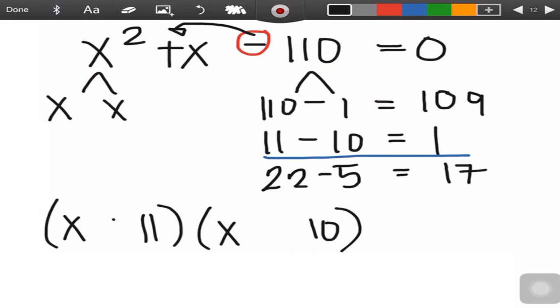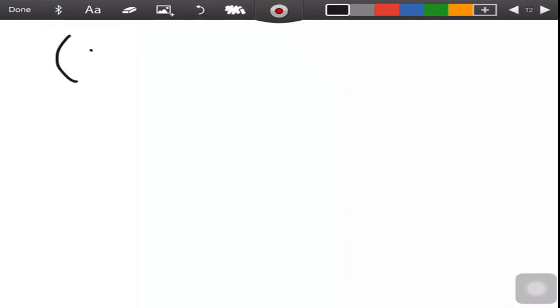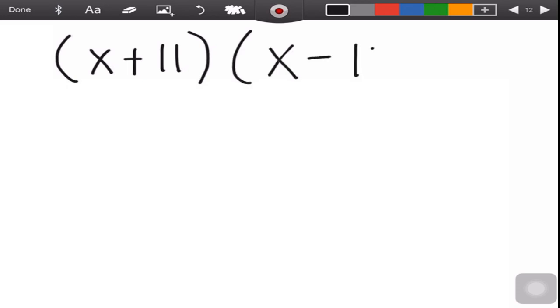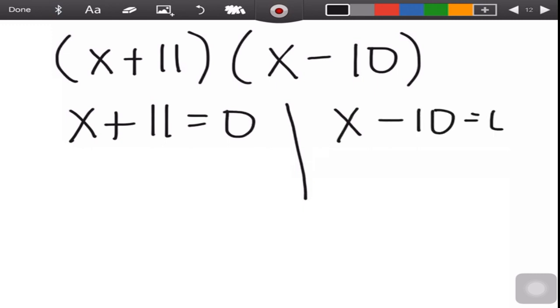So the higher factor is 11, so this is plus, and this is minus. So we will write all the factors, x plus 11 and x minus 10. We will equate each factor to 0. X plus 11 equals 0 and x minus 10 equals 0.